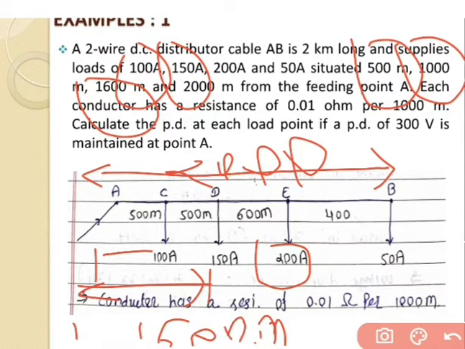That's why the remaining distance for the DE section is 600 meter. And the last loading is 50 ampere, at a distance of 2000 meter from the feeding point A. So the A to B distance is 2000 meter and the A to E distance is 1600 meter, leaving a remaining distance of 400 meter for the EB section.